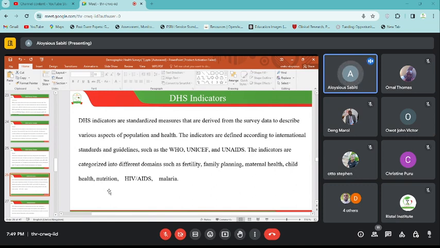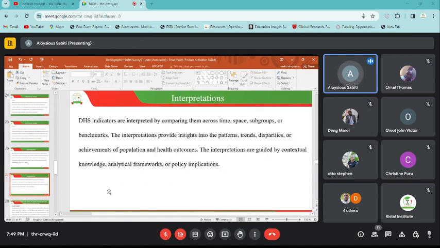Then HIV has its indicators as well as malaria. So the DHS has standard indicators that you can try and understand. So you will even realize there are modern family planning methods, there are traditional family planning methods. So you will want to do a comparison between the use of modern contraception vis-a-vis traditional contraceptive measures.